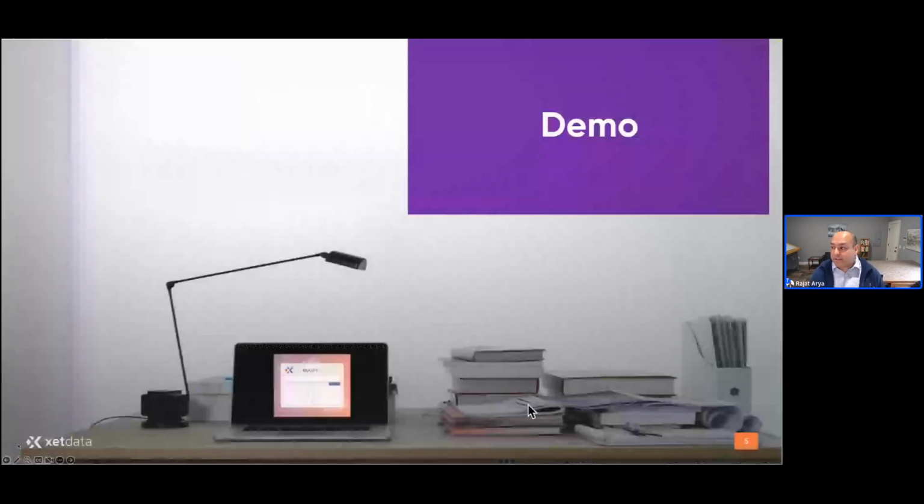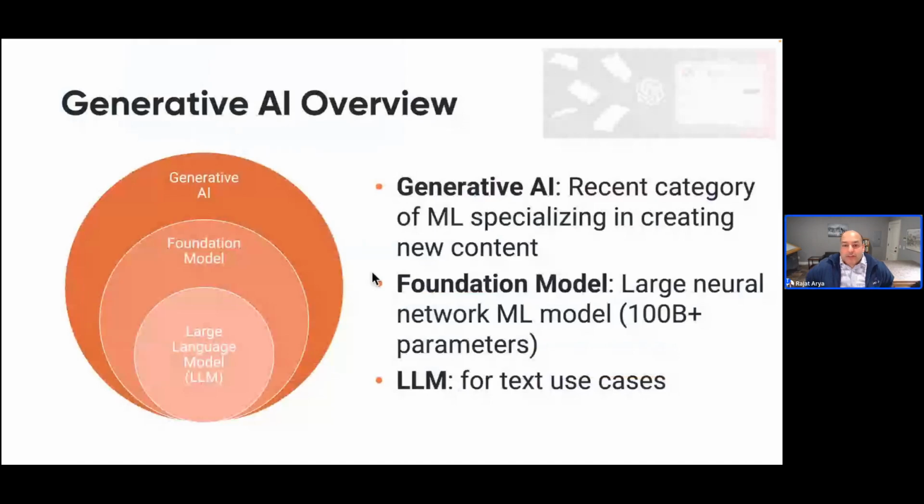All right, so next, let's go back into slides, and I want to give a quick overview of generative AI applications. Any questions so far? All right. So a lot of folks, I'm sure, have heard about generative AI. There's a lot of things written about it today, but what is it?